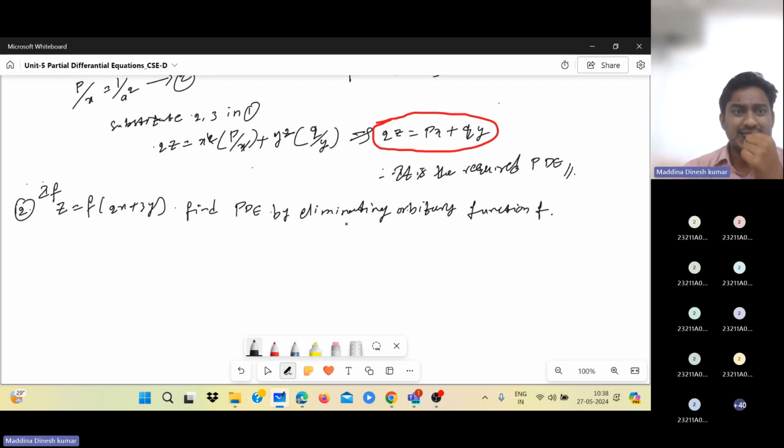This f is the arbitrary function, so we need to eliminate that function. By applying the partial differentiation, in that process we automatically get the required partial differential equation.